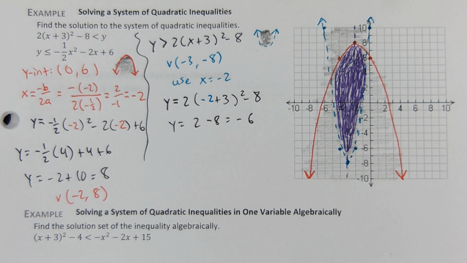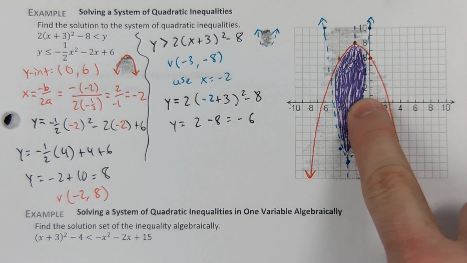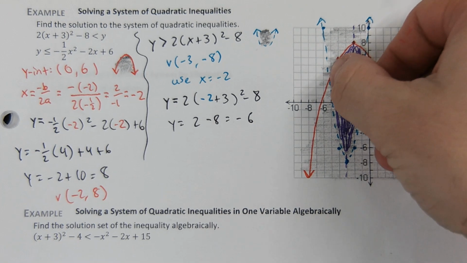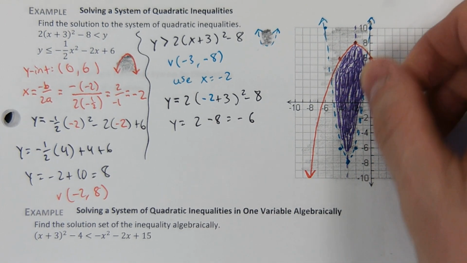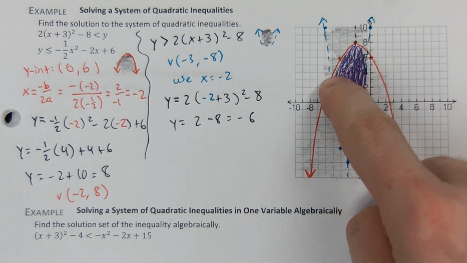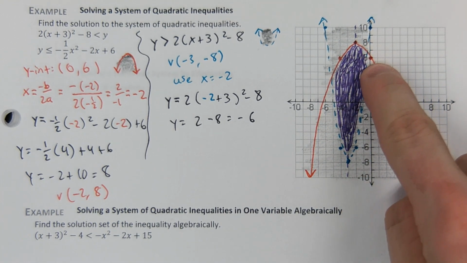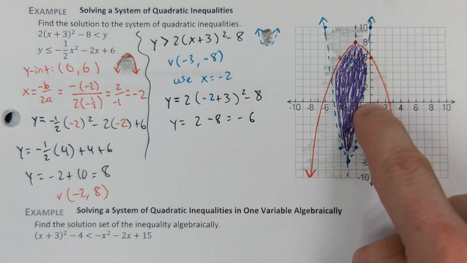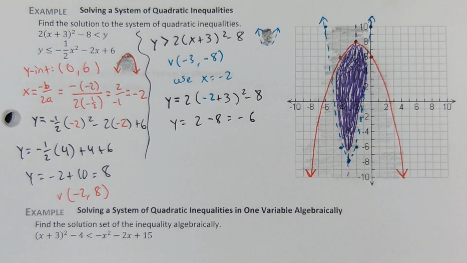Can we agree that the purple stuff represents all of the places where the blue graph was underneath the red graph? Do we see that? So everything purple shows me all the places, at least all the x values, where my blue dotted graph was underneath my red graph.